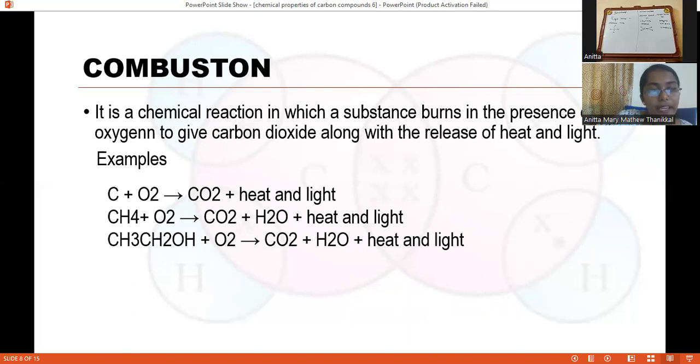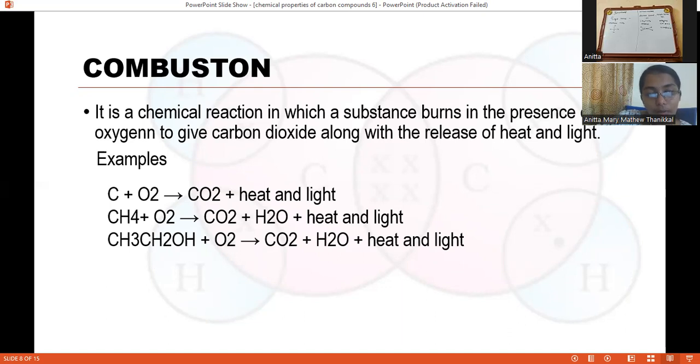What is CH4? CH4 means methane. Methane reacts in the presence of oxygen, and we get carbon dioxide and also water and heat and light. In this equation, it is not balanced. So I will explain how we balance this equation.